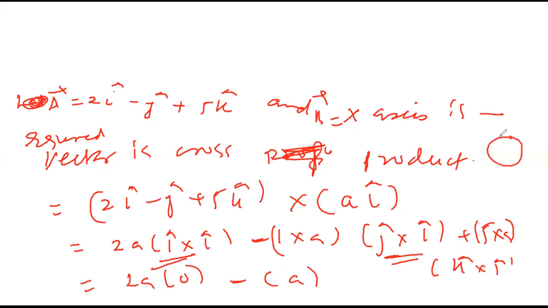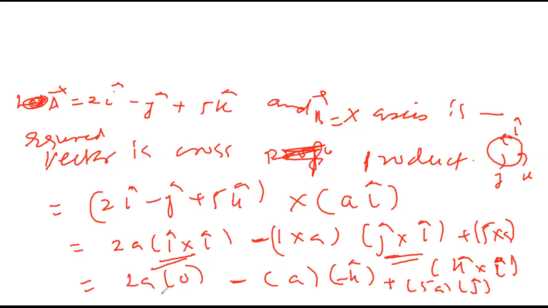j cross i will be k, with a minus sign: minus k cap. The last one is 5a: what is k cross i? j, plus j cap.